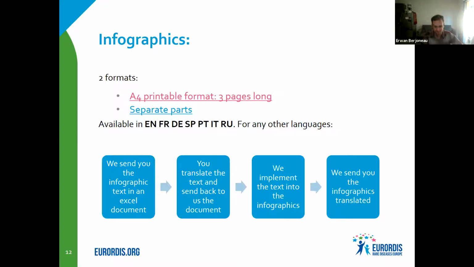We will implement this translation into the infographics and send you back the infographics translated. Okay, so if you need that, please send us an email. You have our email on our website. It's rare.barometer@eurodis.org, and we will deal with your request happily.